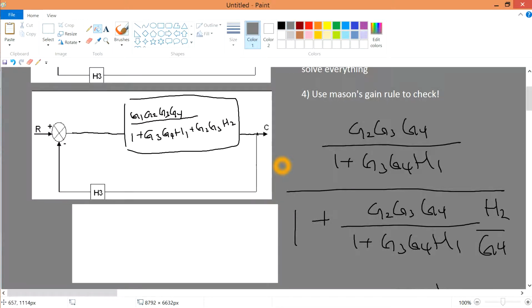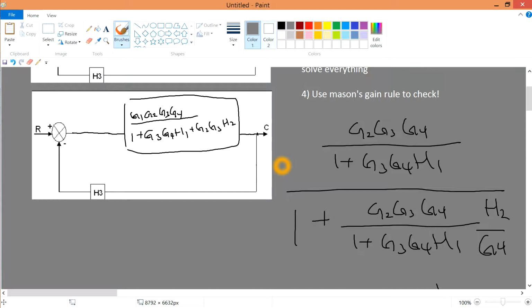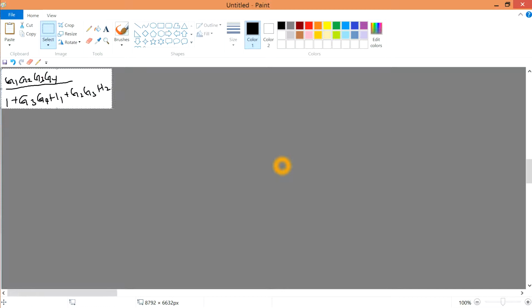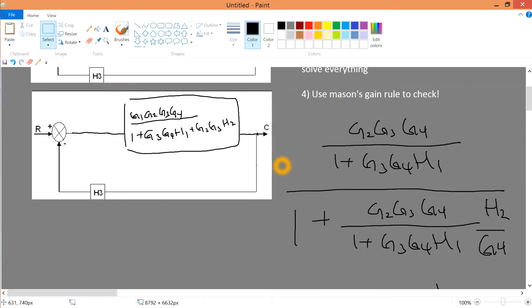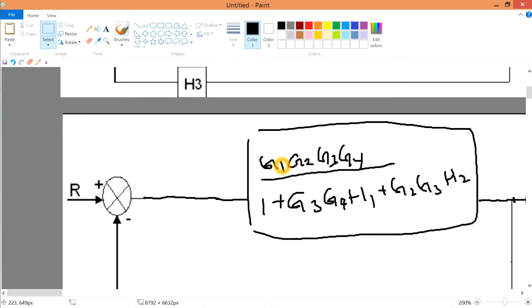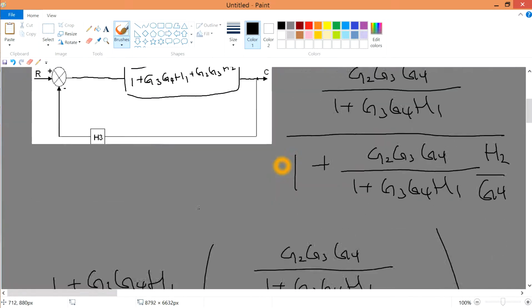Okay, so what should I do now? Good job. So now this is a feedback loop. Now we're gonna feedback again, right? You're gonna take this dude. Now I'm gonna copy this, and as you can see, this is a feedback minus. So feedback minus, you have 1 plus, right?